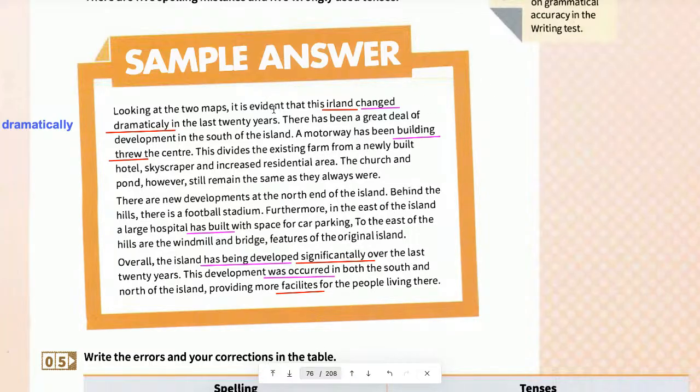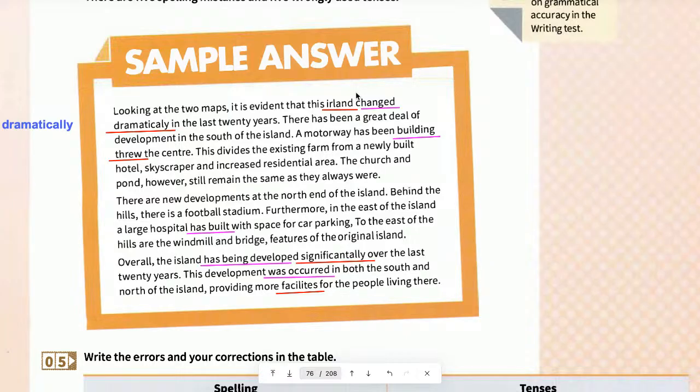The first sentence, right? It is evident that this island has changed dramatically in the last 20 years. So, has changed. That's the first one. If you don't know, you can underline that. Paragraph 1, line number 1. Has changed. You see that? That is the first time you see it.